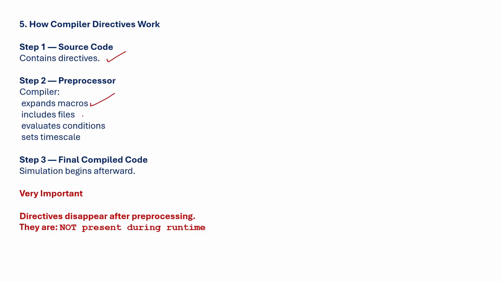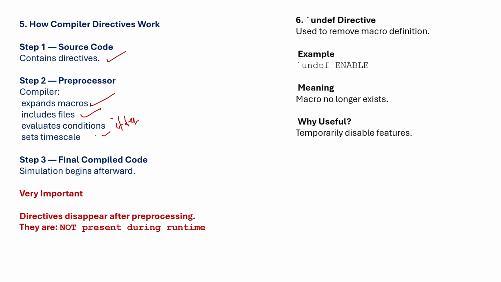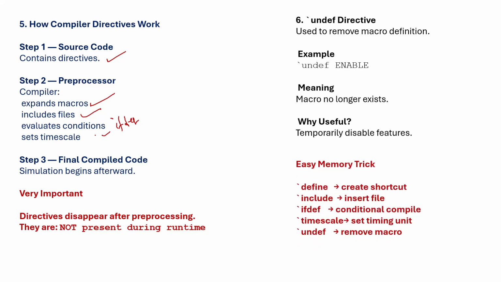If you want to include any files, we will consider that, and evaluate some conditions like tick ifdef, and simulation timings will also be considered. These directives disappear while processing. I told you about undefine: tick undefine means remove the macro, whatever macro is defined in the condition.